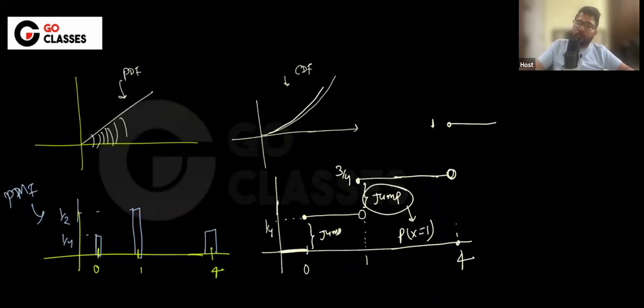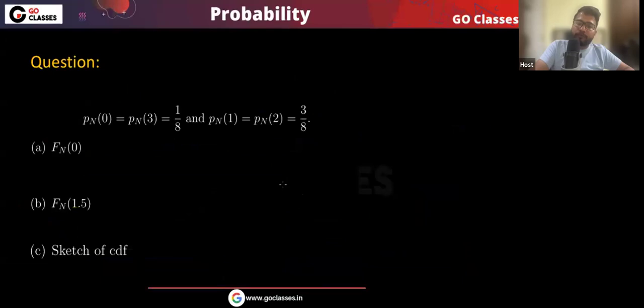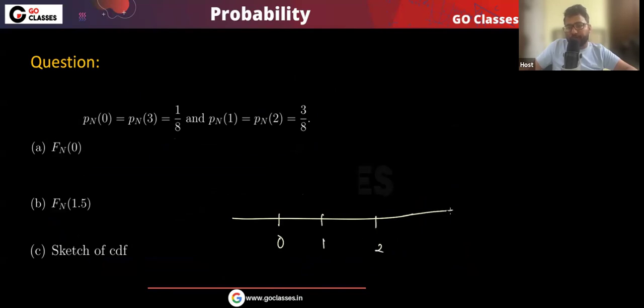Okay. Let's just do more questions. You will be understanding more. For example, let's suppose this is 1 by 8 for 0 and 3, and 3 by 8, 3 by 8 for 1 and 2. Now let's sketch this CDF. First let's sketch the PMF itself. So 0, 1, 2, 3. At 0, it is 1 by 8.